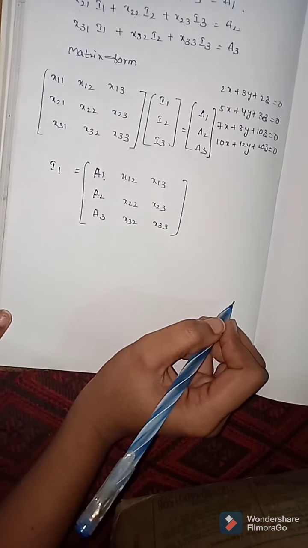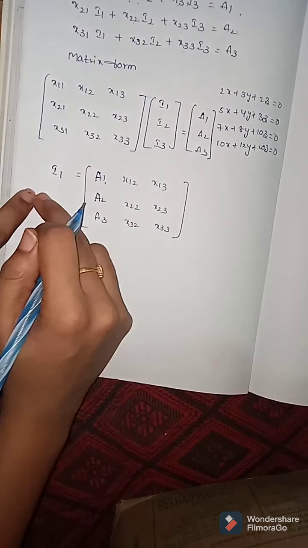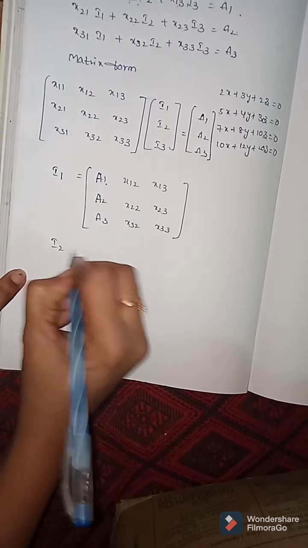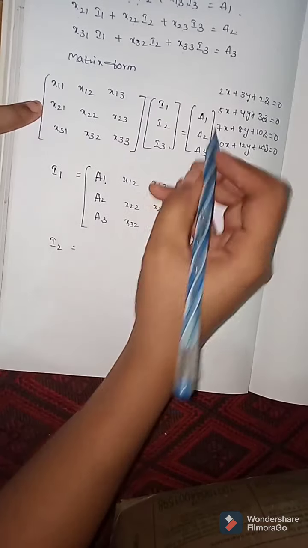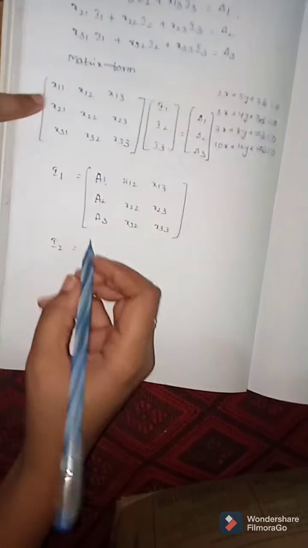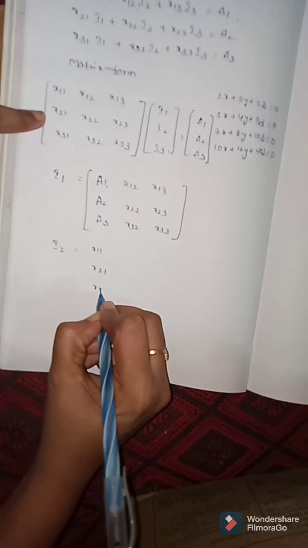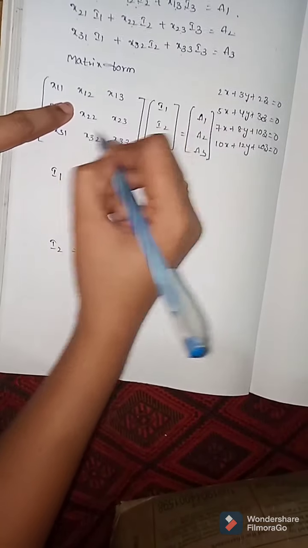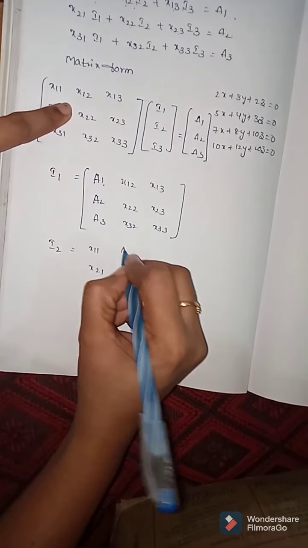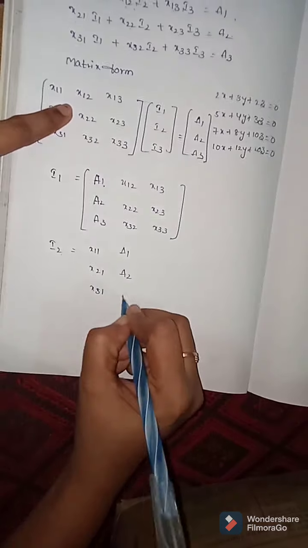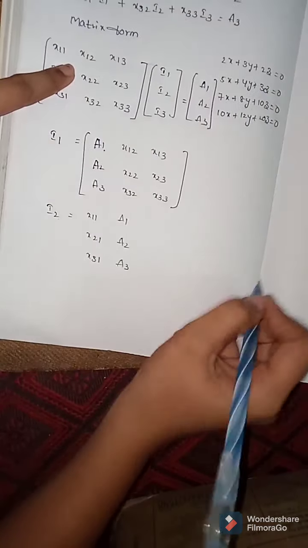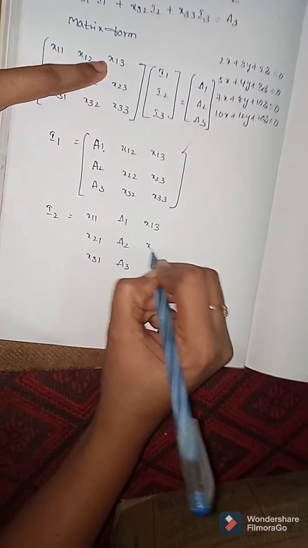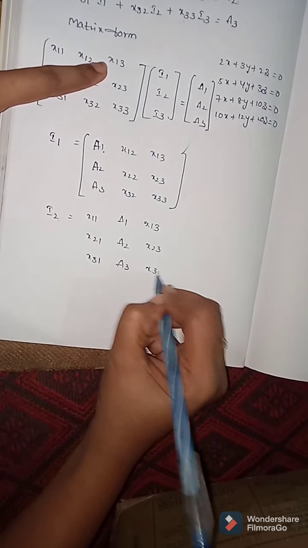Similarly, we can find I2. I2 is equal to, so first the column is the same, x11, x21, x31. In this place we write the constants A1, A2 and A3, and this column is common, x13, x23, x33.